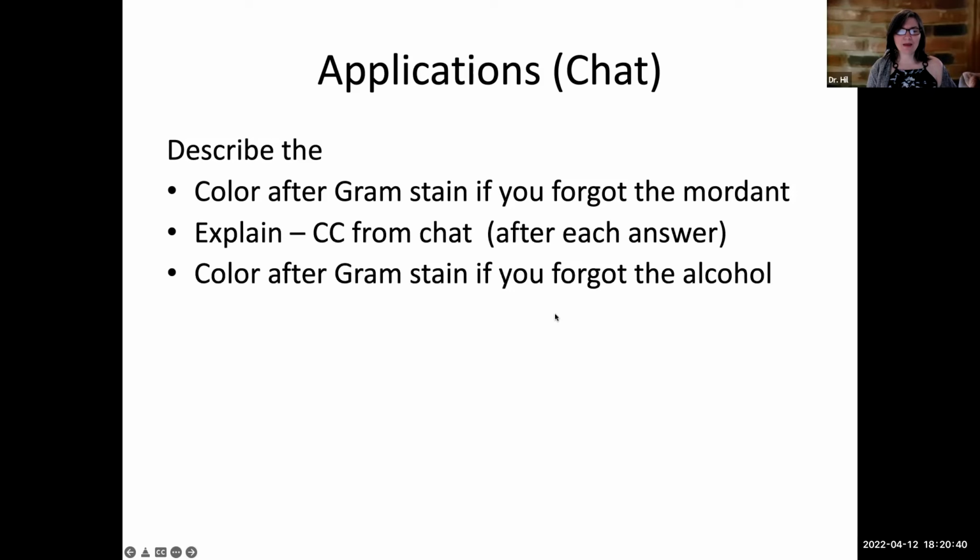Okay. So what if you did the gram stain again? Okay, but you're just having a bad day. You remembered the mordant this time, but whoops, you left out the alcohol decolorizer. What color do you think the cells would be at the end of the procedure now? Put that into the chat.